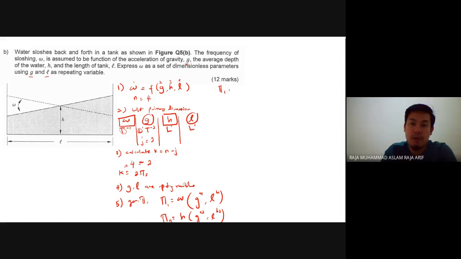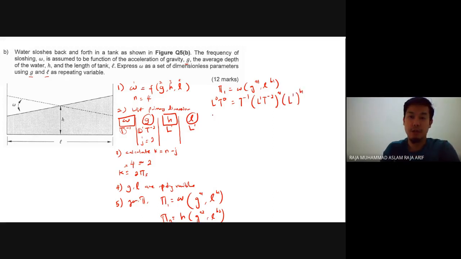Pi 1 equals omega times g^a1 L^b1, and pi 1 will be dimensionless, so L0 T0. We don't have M in our parameters, so I just write L0 T0. Omega is T minus 1, g is L1 T minus 2 to the power a1, and L is L1 to the power b1. As usual, we do it step by step.